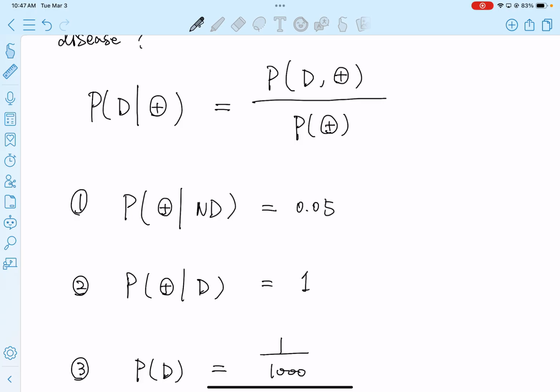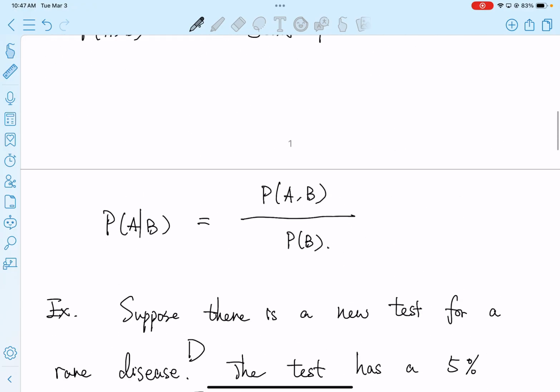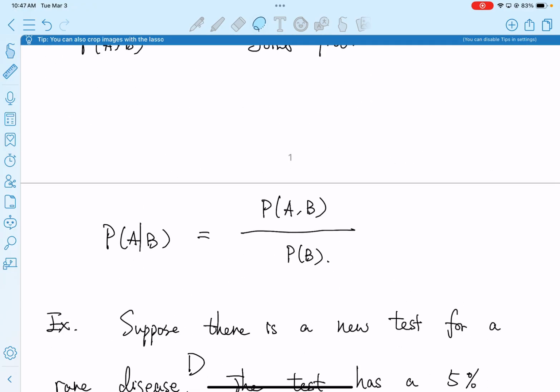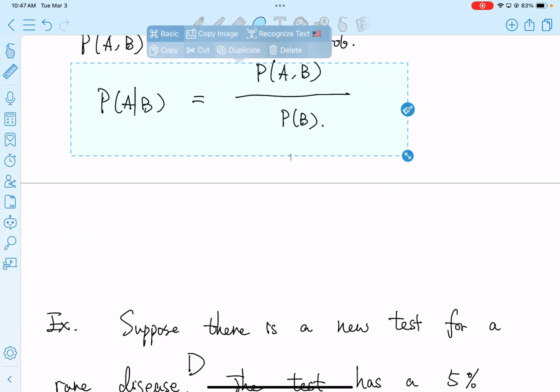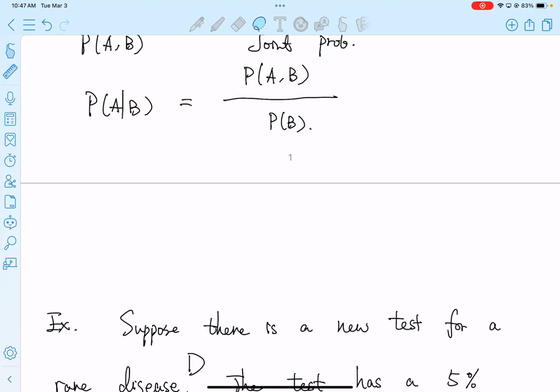We can also rearrange the terms. Let me rewrite another version of this. The formula is also saying the joint is equal to the conditional multiplied by the marginal.